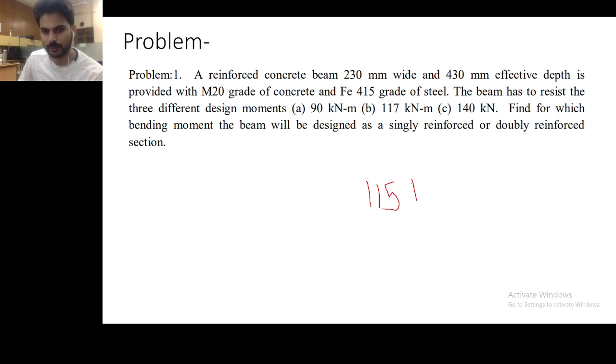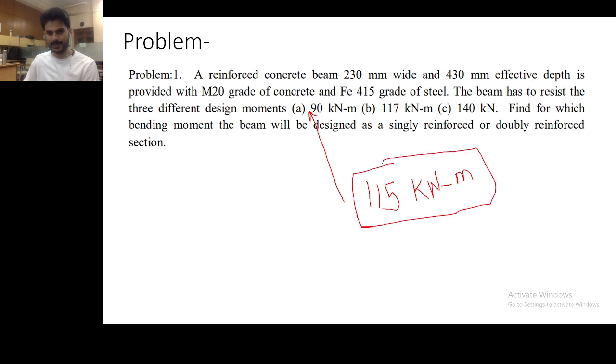Let's say for an example, I am saying, I have not solved it, so the answer is in the next slide. But let's consider it. So how will we design for 90 kilonewton meter, where our MU limiting is 115?